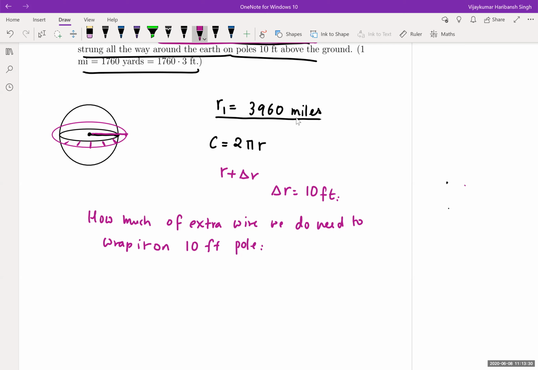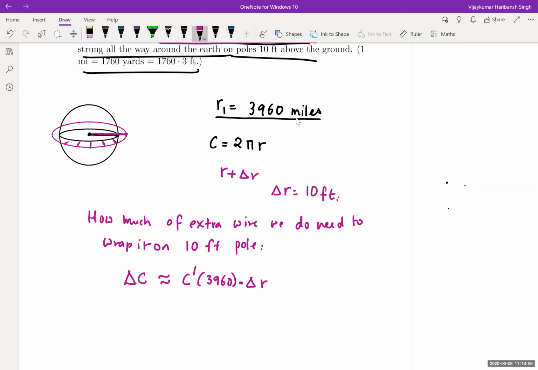So if C is your 2 pi r, then you're looking for delta C. How much does your C change, right? So now delta C is roughly the same as f prime. So let's call this function C. So C prime at 3960 times delta r in this case, using the concept of differential.